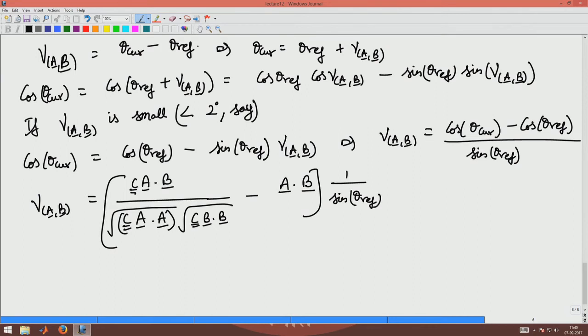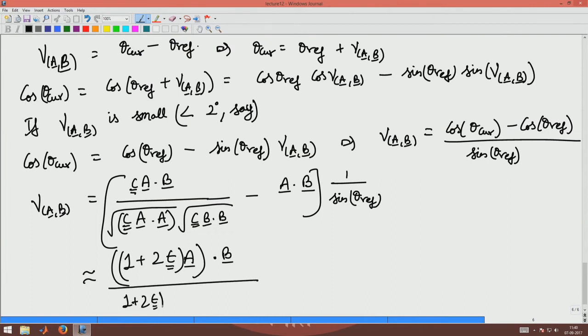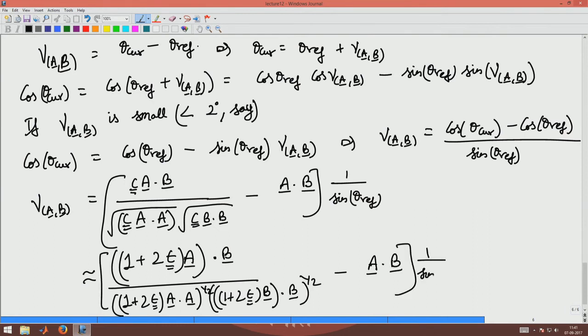Okay. Now, you know that I can approximate this as 1 plus 2 epsilon for C, acted upon by A dotted with B, and the denominator would be again 1 plus 2 epsilon A dot with A whole power of, into 1 plus 2 epsilon B dot with B the whole power of, okay, minus A dot with B, the whole multiplied by 1 by sine of theta ref.